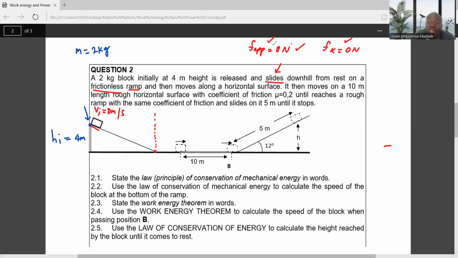And we know these are non-conservative forces. So from this point to this point, is mechanical energy conserved or not? I want you to tell me the answer. I'll give you some time to decide whether mechanical energy is conserved or not, from the top of the ramp to the bottom up until here.